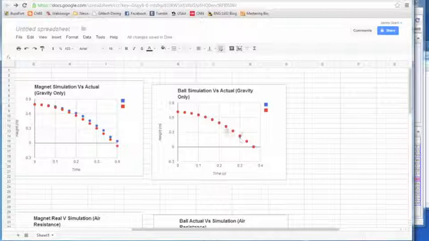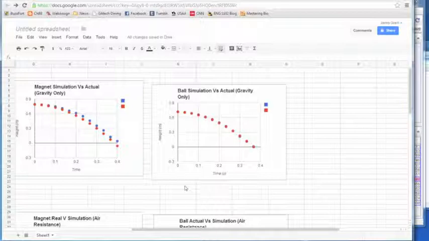There were a couple where it's below or above, so maybe I clicked somewhere poorly on Tracker or something like that, but otherwise it was very close. The blue one is the real, the red is the simulated, so the blue one ends up a little higher at the end. Blue is normally a little higher, and that's because air resistance was not included in that simulation.